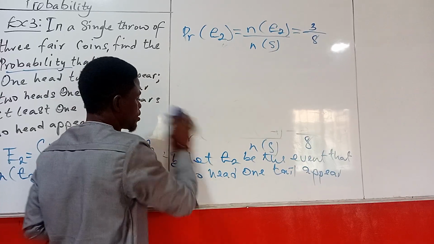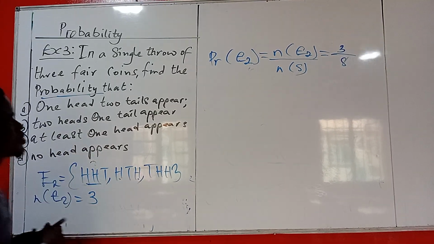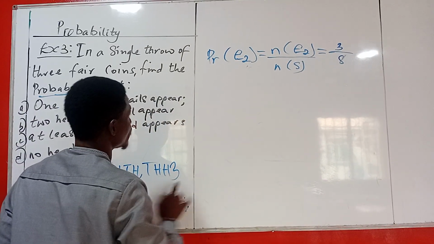Now, what is the next question, which is number C: at least one egg appears. At least one egg appears.